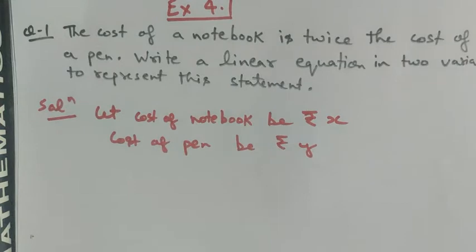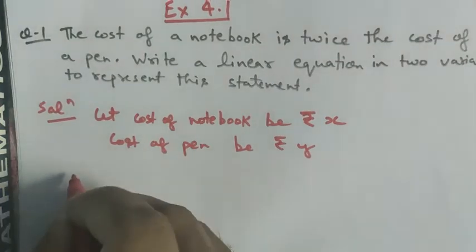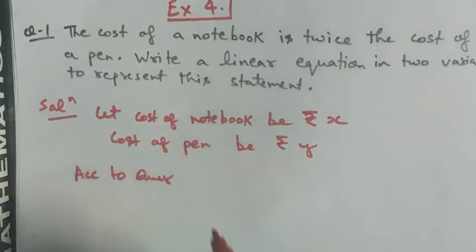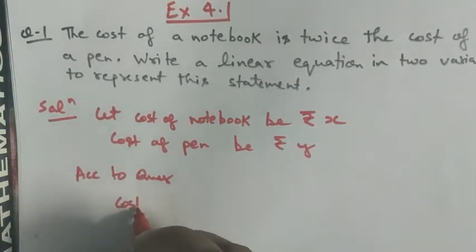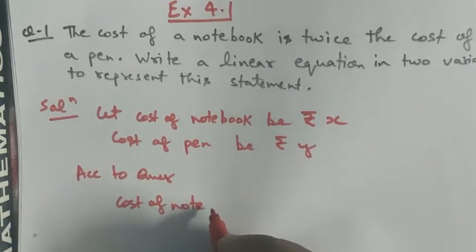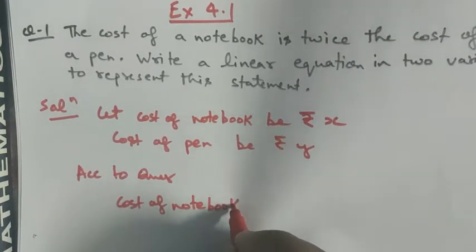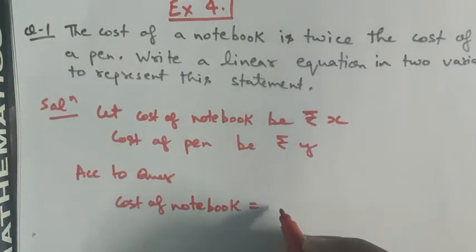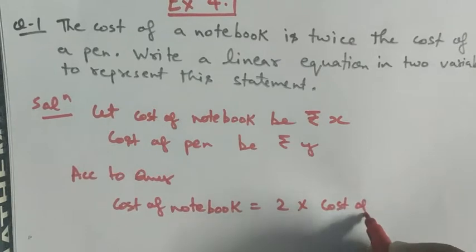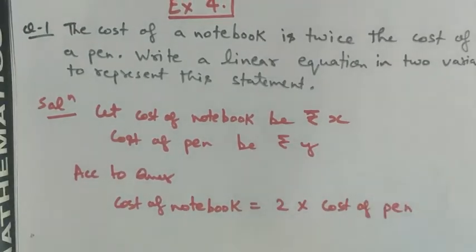Okay, and now according to the question the statement is given that the cost of notebook is twice the cost of pen. Cost of notebook is twice means two times, that is 2 multiplied by the cost of pen.